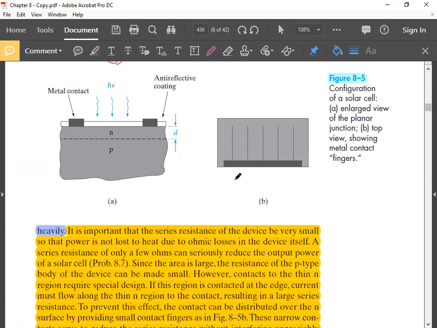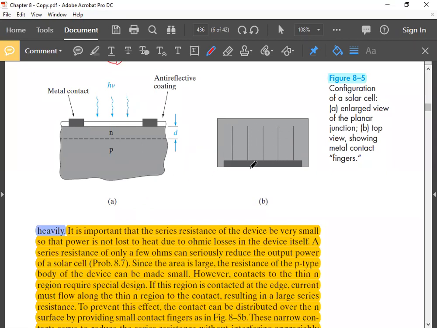So one way is to do that by using multiple thin contacts which are connected to a large thick contact. These multiple thin contacts are called contact fingers. Since there are multiple contacts, the carriers can be collected from all over the junction by these thin contacts, but still there is sufficient area for light to penetrate.